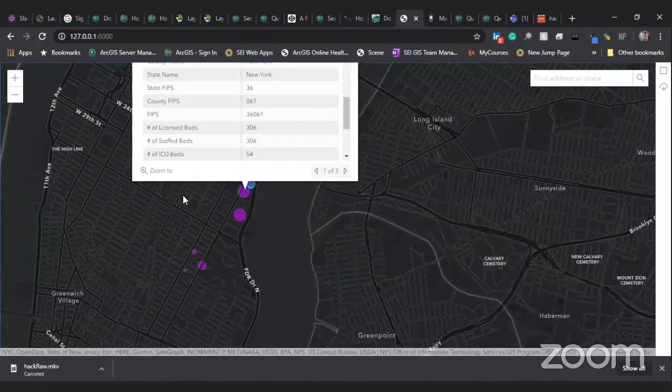And ideally we would want to include things like drive times and routing. Just given the time constraint, we had to leave it at getting the web map up and getting Django running.